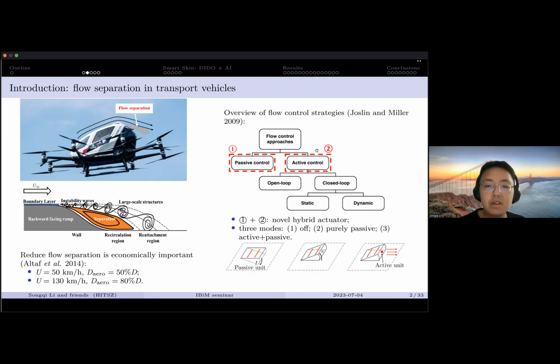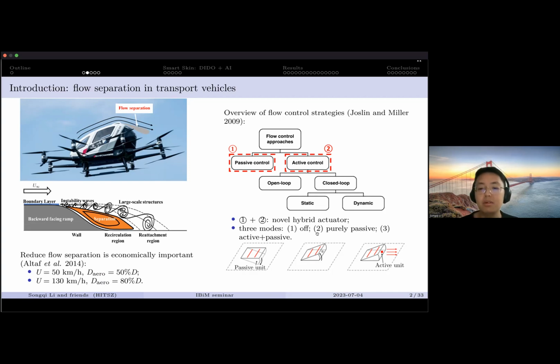So in our research, we want to propose the concept of a hybrid actuator, or in the following, I will call it a multi-modal actuator, because it can use multiple modes to control the flow. Essentially, in our concept, it should be able to operate under three modes. One is off, which means this novel multi-modal actuator will be flush with the wall where separation occurs.